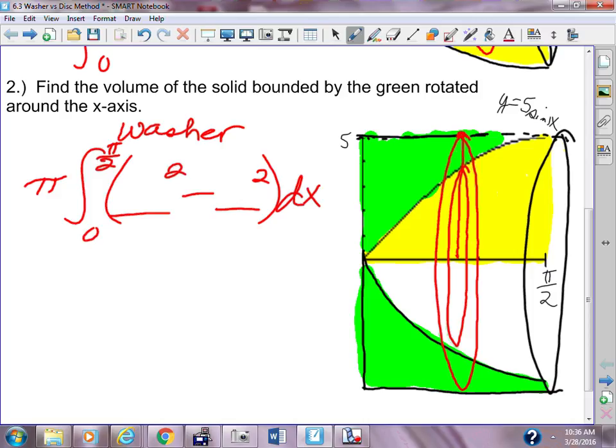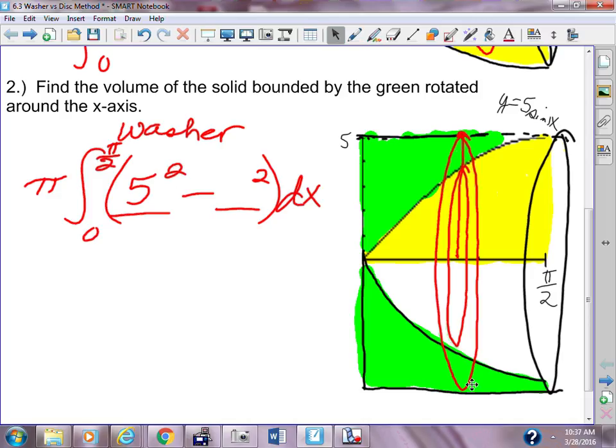No matter where I did my representative red slice, notice it would still go that same distance. Any questions there? How long is that radius? 5. Put 5 squared.